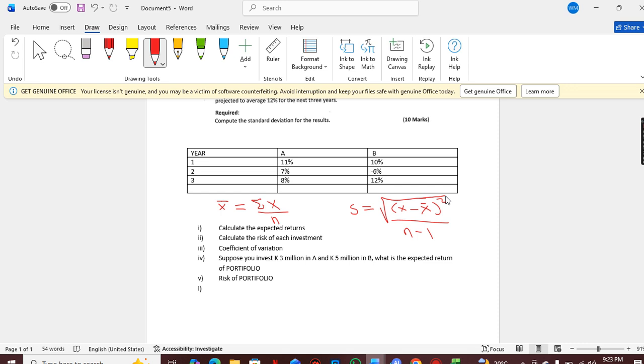This is how you get the standard deviation. Now notice in this question we don't have probabilities. If there were probabilities, that's what we were looking at last week.